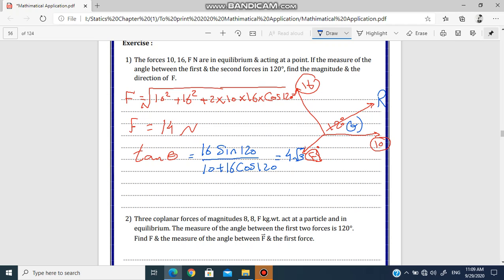So theta equals 81 degrees, 47 minutes, 12 seconds. So F makes an angle of measure 81 degrees, 47 minutes and 12 seconds with the second force.